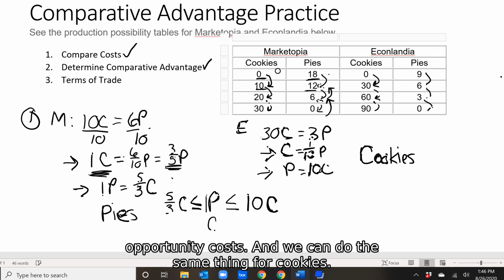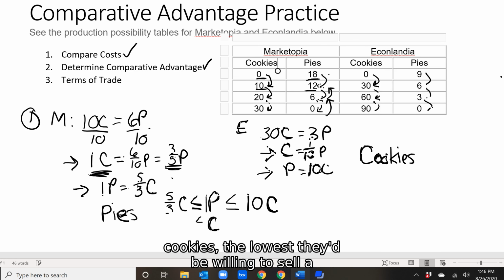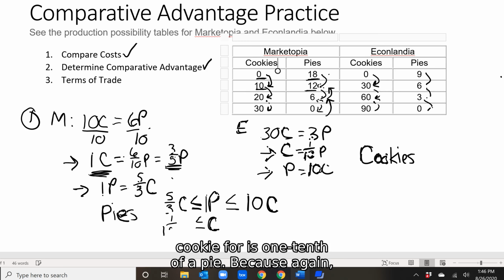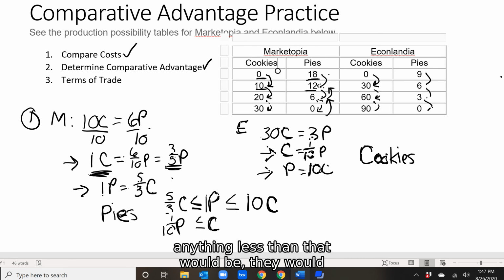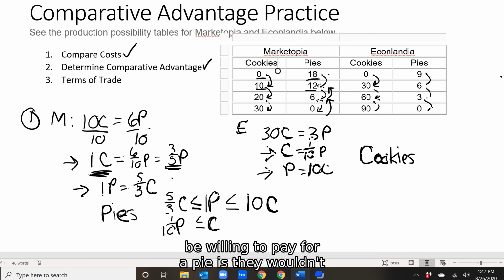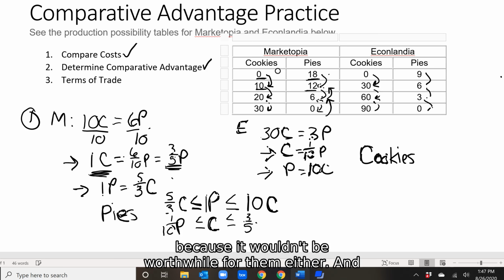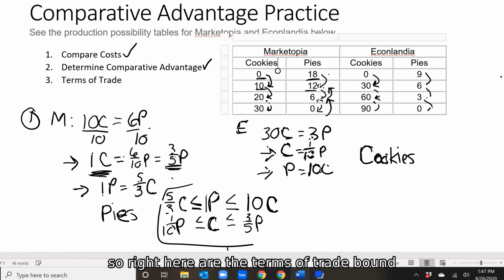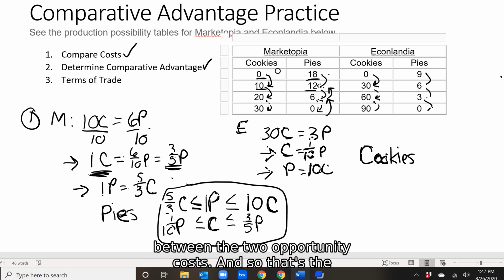And we can do the same thing for cookies. Econlandia is producing cookies. The lowest they'd be willing to sell a cookie for is 1/10 of a pie. Because again, anything less than that they would be losing out. In Marketopia, they wouldn't be able to pay more than 3/5 of a pie for a cookie because it wouldn't be worthwhile for them either. And so right here are the terms of trade bound between the two opportunity costs.